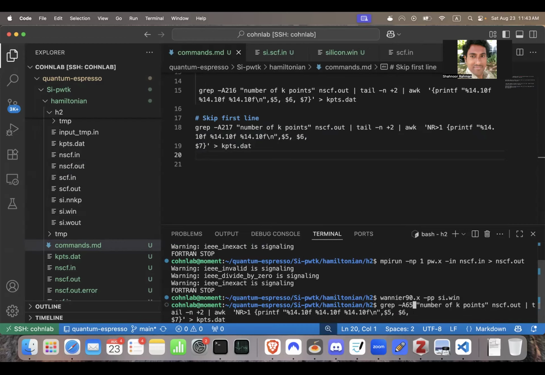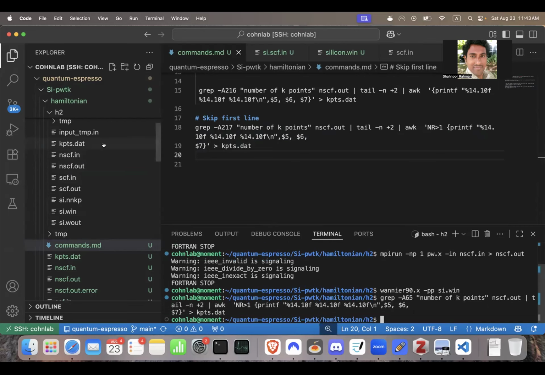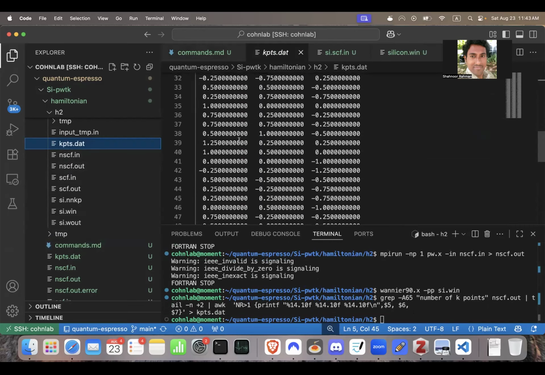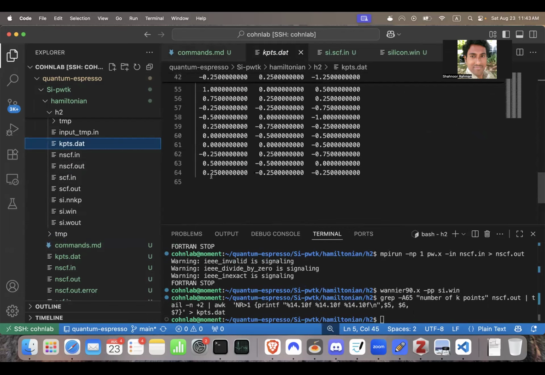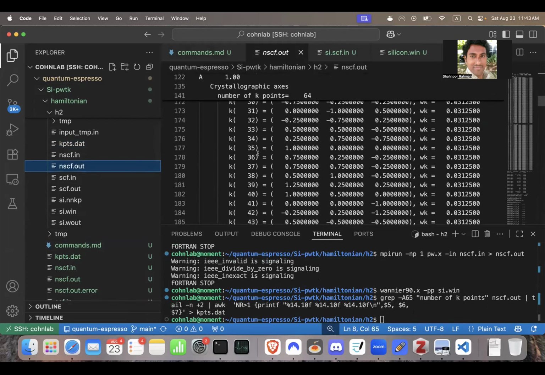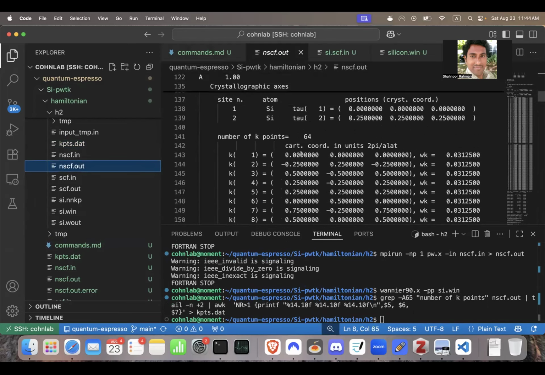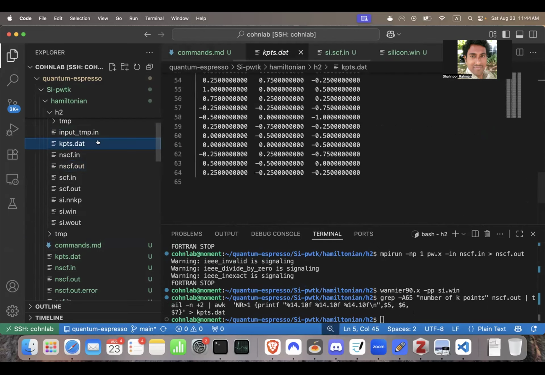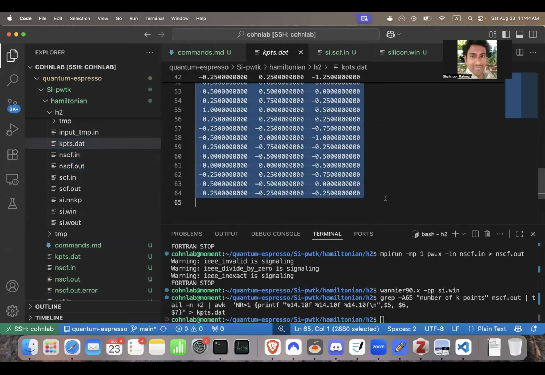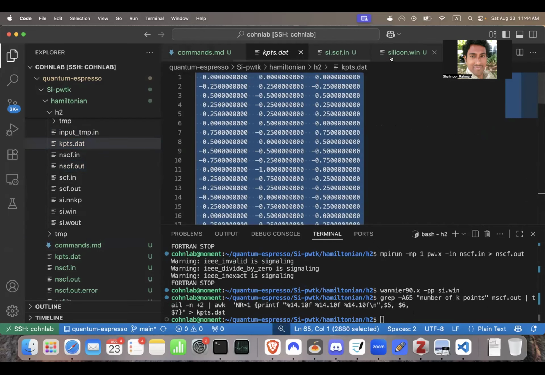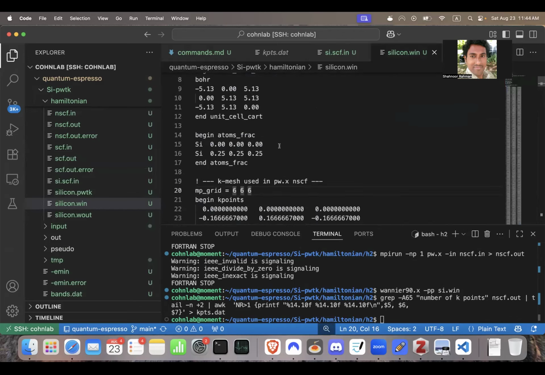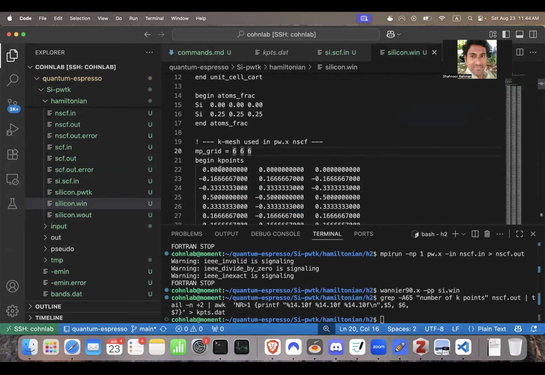If I run this command, it will generate a file, and this file contains all those 64 points. You can match with nscf.out, right? All these 64 points are here. And I can copy it from there, go to silicon.win. No, not this one.